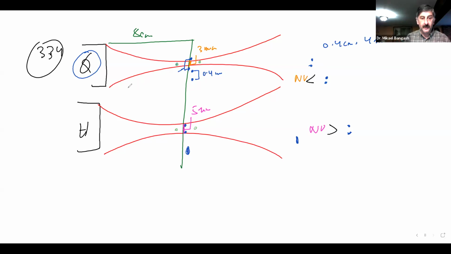That would be your spatial pulse length divided by 2.